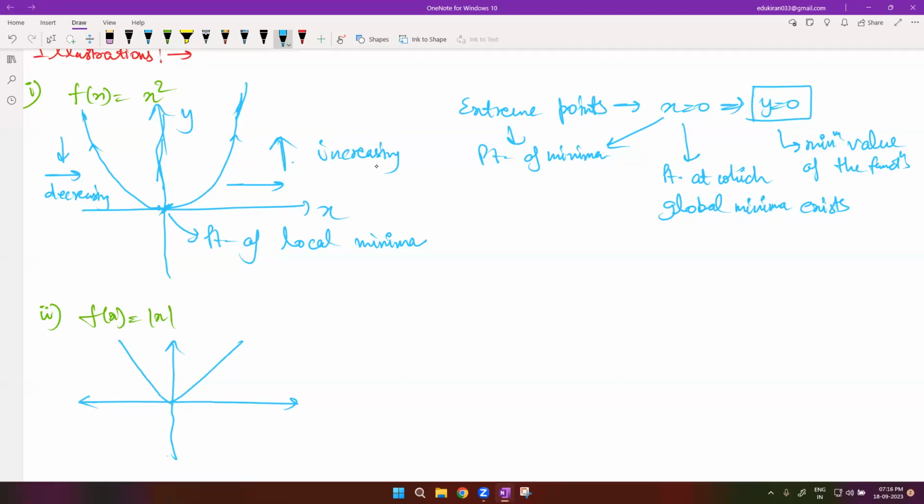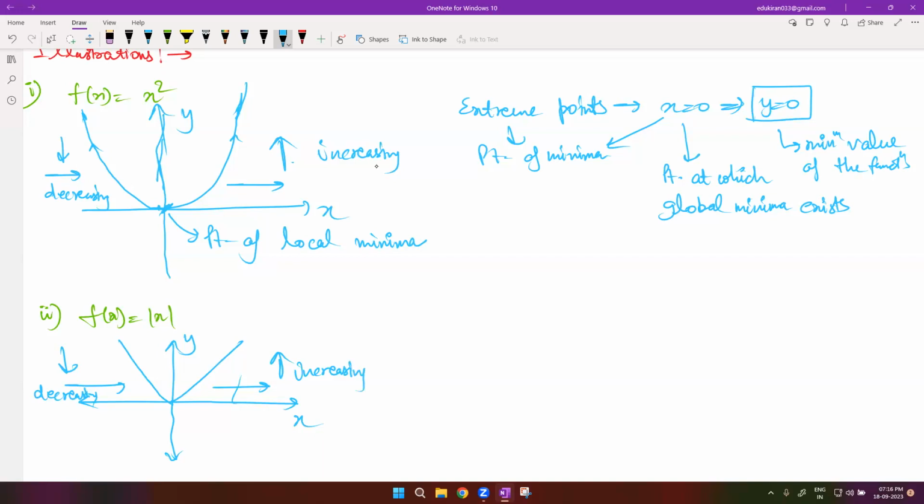This V-shaped graph is decreasing for x less than 0 and increasing for x greater than 0, because all the points which lie in the second quadrant are like this. If you move rightwards, then the graph is coming downwards. So this is decreasing. And then here you can see that the graph is increasing.